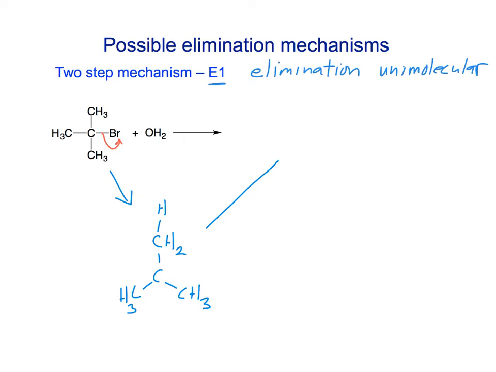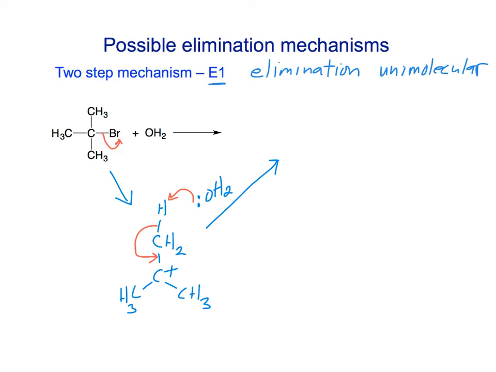The second step is where the base is involved. In this case, we're using water as the base. Base will remove the proton on the beta position. Those electrons will be drawn down towards the carbocation.